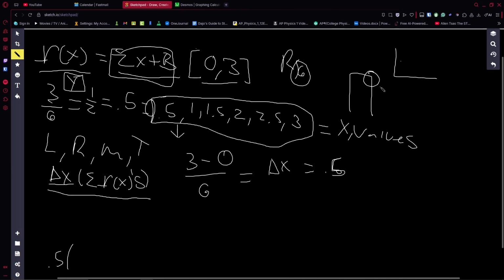For example, let me draw this. It'll probably make more sense. We have a right Riemann sum. It can't start here, especially on the interval 0, 3. It has to start here, further away from the starting point.